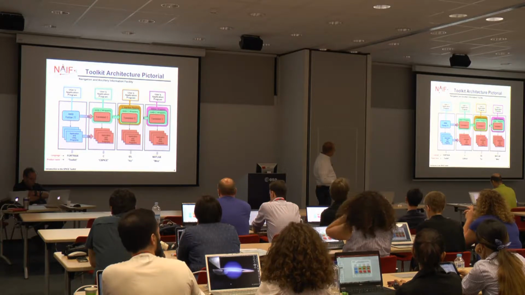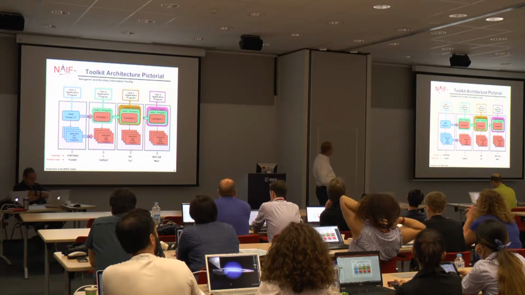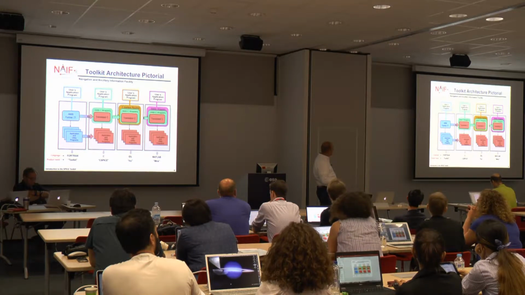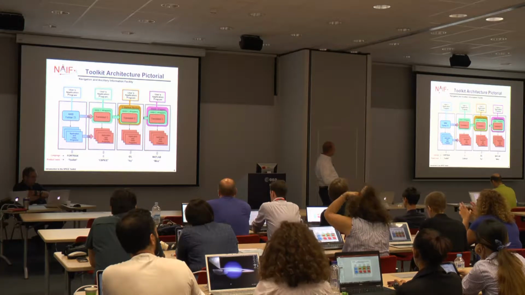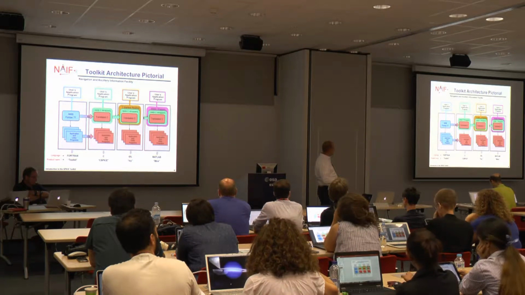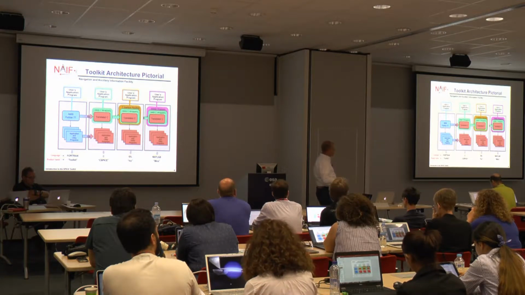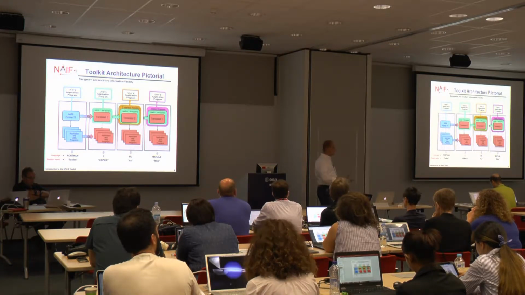In a similar fashion, the IDL toolkit, ICY, has an additional set of wrappers written in C that provide bindings from IDL to the CSPICE wrappers, and scripts that users write in IDL will call these IDL wrappers, while our utilities are still calling the f2c code. So that's why CSPICE is included in the IDL package.